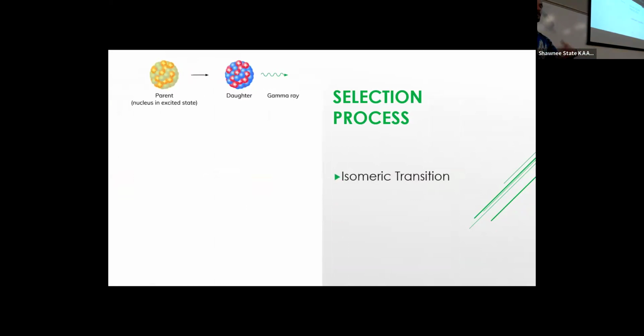So we've got the web app. Now we can start selecting which isomers we want to use, because our first step is to see which isomers might be possible to see in a gamma ray burst, because it does take time to go through and look at the gamma ray burst. And so, of course, the first thing we're going to look at is the isomeric transition.